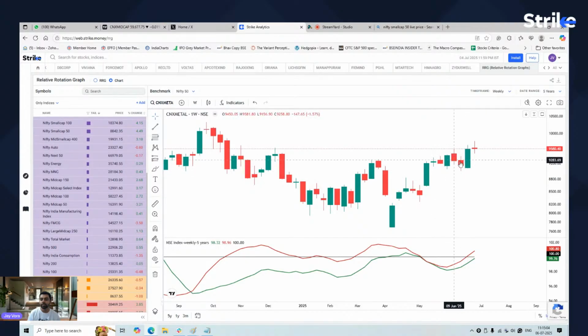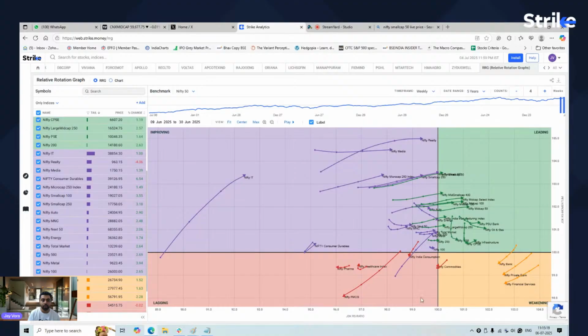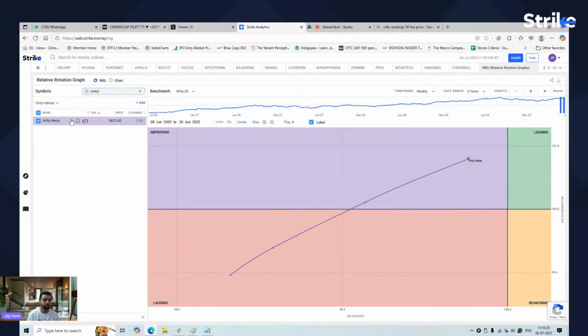Over here there was some consolidation, and understand that we are seeing this relative to the Nifty index. But that's where the outperformance started for the metal, and then it saw a very good turnaround.